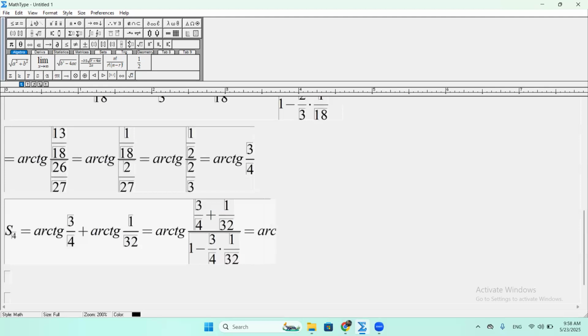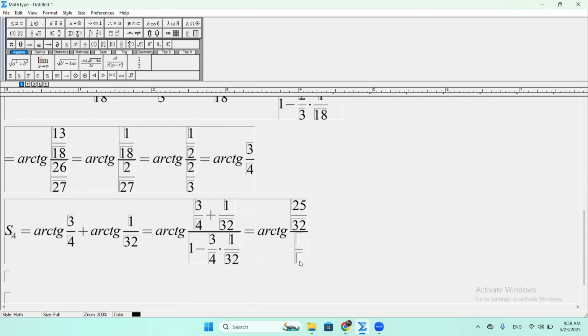So calculating it. 3/4, okay, multiplying by 8, it will be 24/32, so 25/32 in the denominator part, and here 3/128.